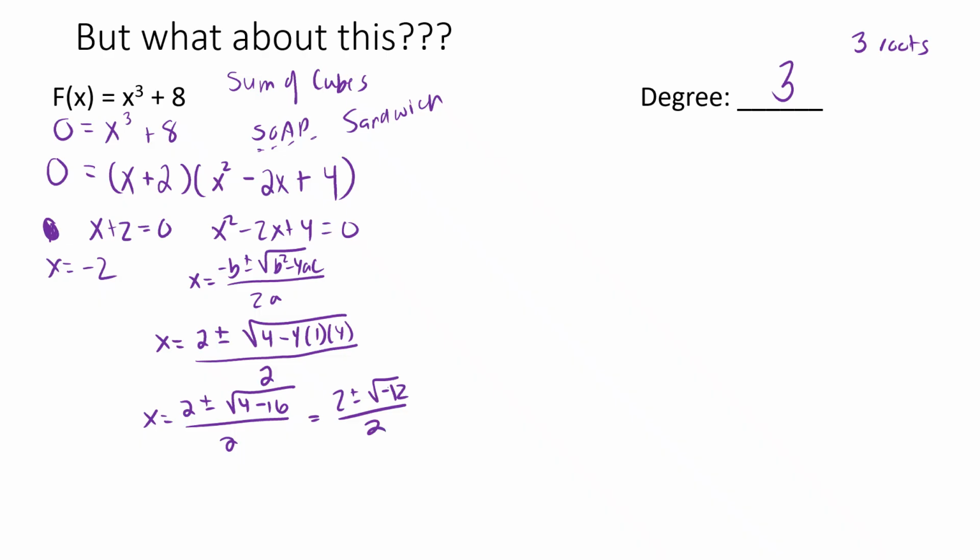Okay, so now we've got to simplify the square root of -12. I'll do a little bit of scratch work over here, because this moves quickly. This would be -1 times 4 times 3. The square root of -1 is i, the square root of 4 is 2, and the 3 would stay under.